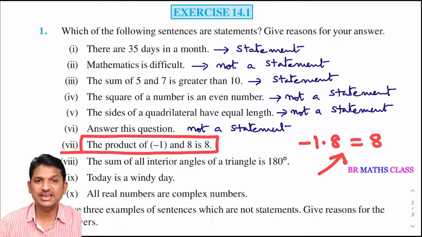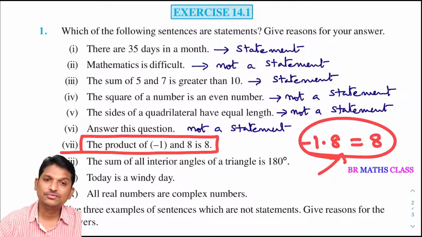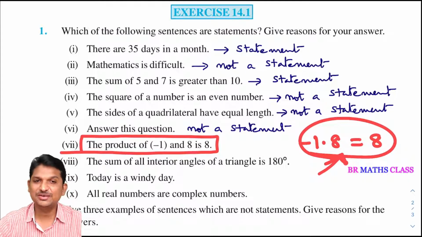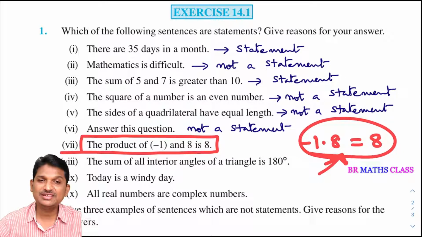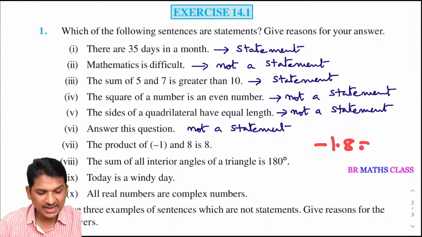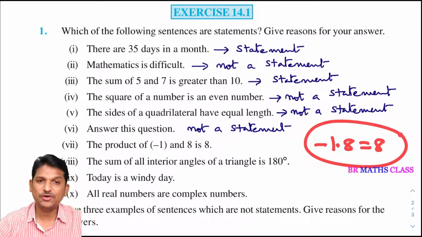Yes, we can easily declare that it is false. -1 into 8 is -8. Wherever country you go, if you ask what -1 into 8 is, they'll say -8. So this is a wrong sentence, but we can declare that it is false. It is a declarative sentence.